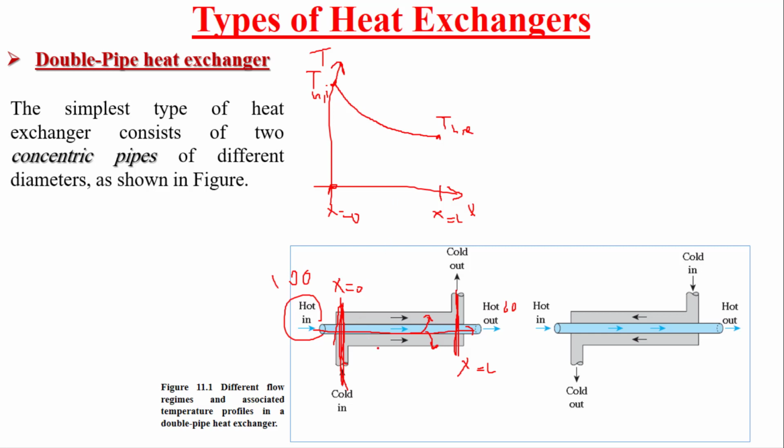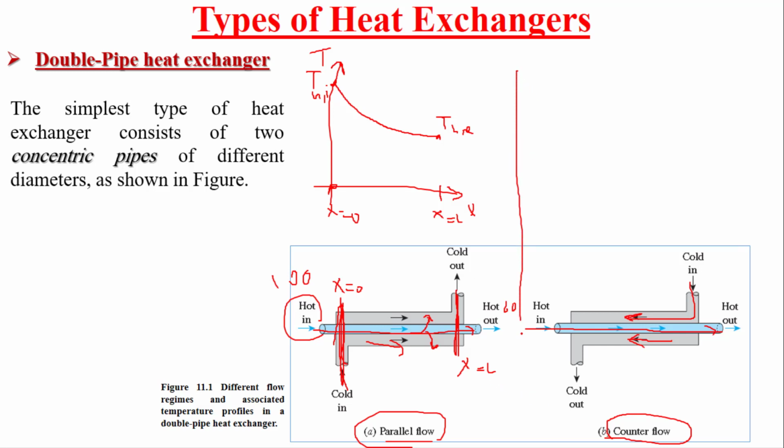What happens to the cold fluid? As I mentioned earlier, this is the parallel arrangement, parallel flow, because both hot and cold flow in the same direction. But this is counter flow, because the cold fluid is entering and flowing in this direction, and the hot fluid is flowing in this direction. So they are opposite each other.